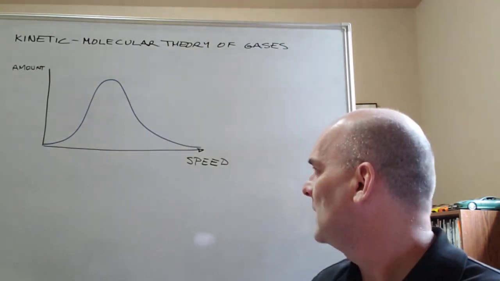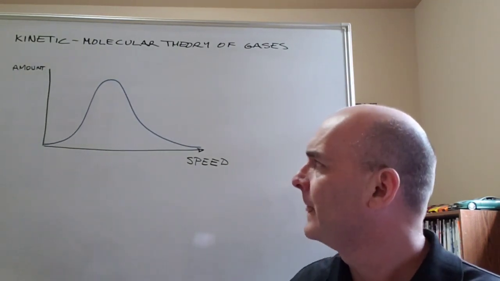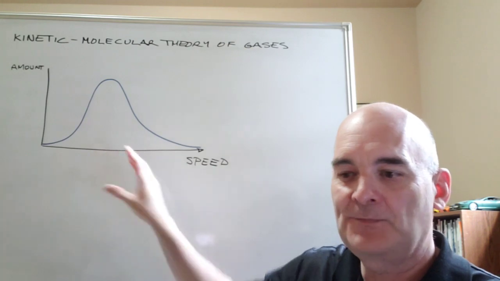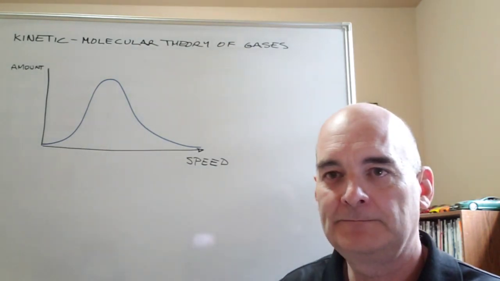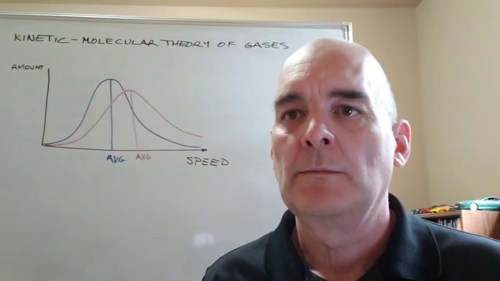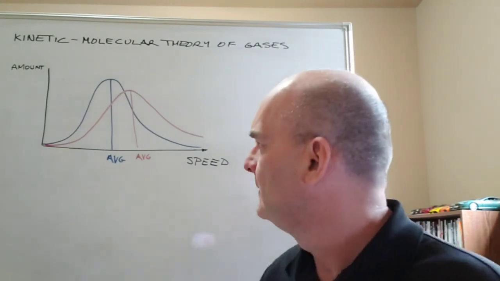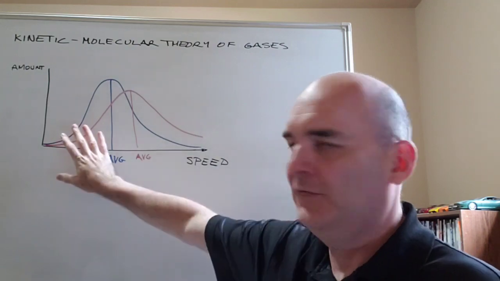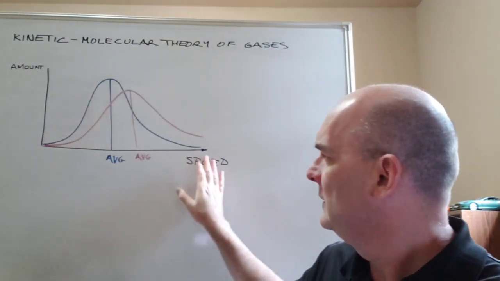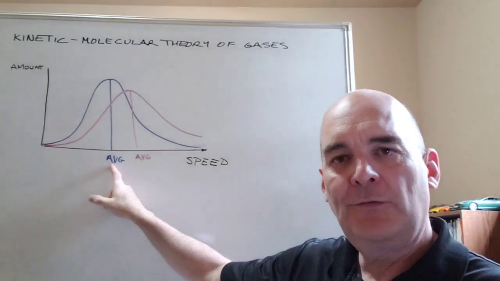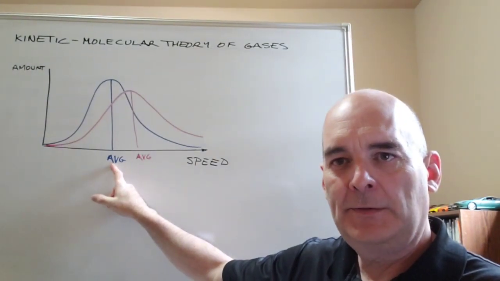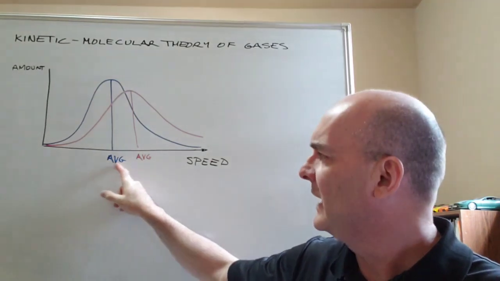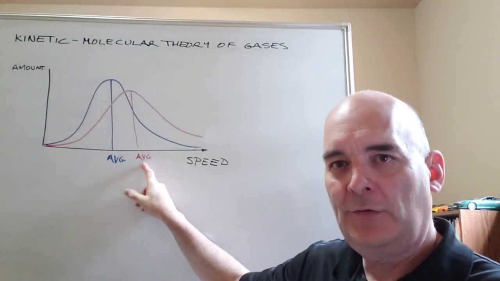Now, something interesting happens when we take a population of gas like this and we heat it up. When a gas is warmed, the shape of the curve shifts to the right, to higher speed. So the average speed when the particles were cold is here, and I've moved to a higher average.